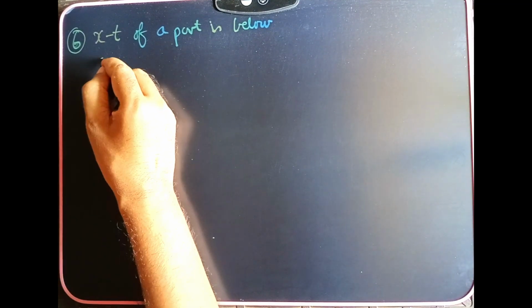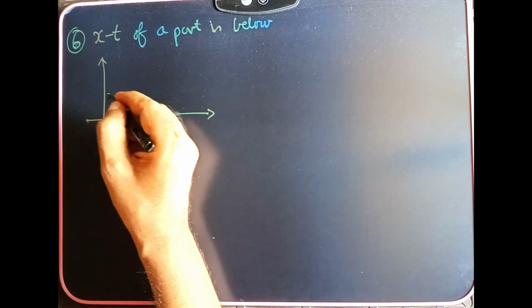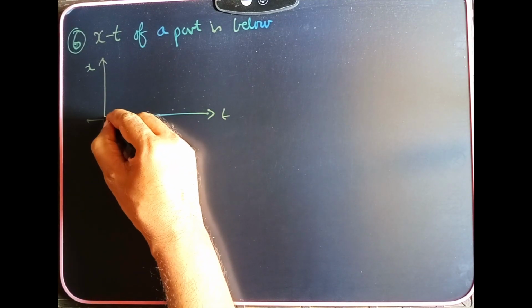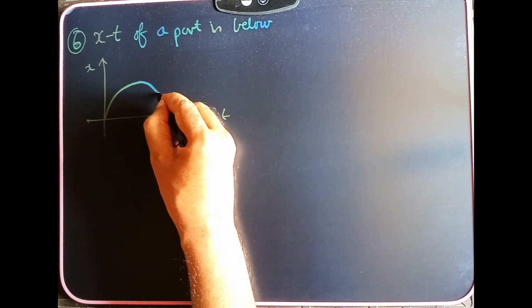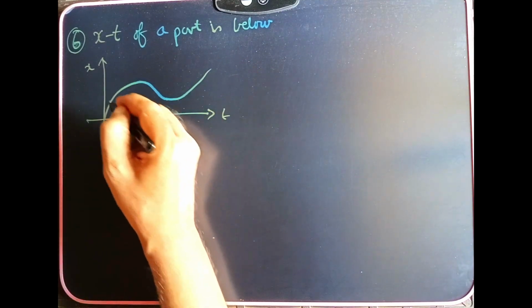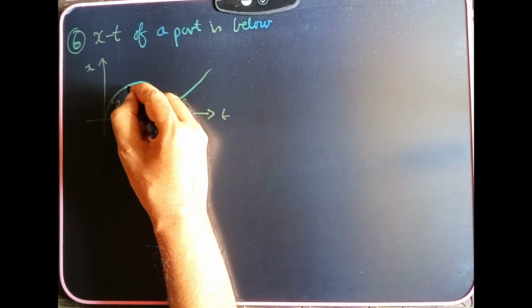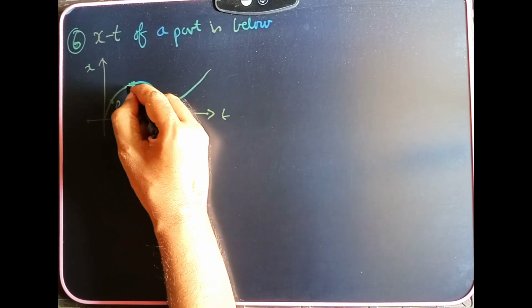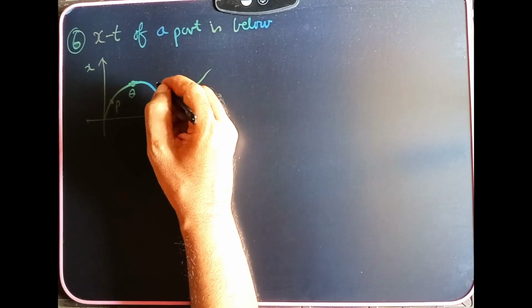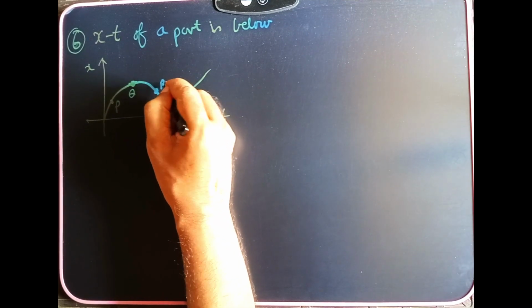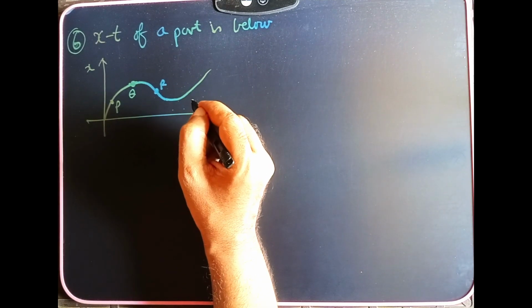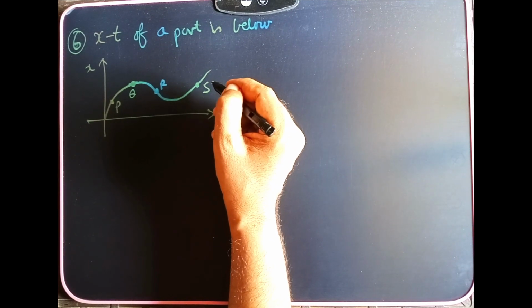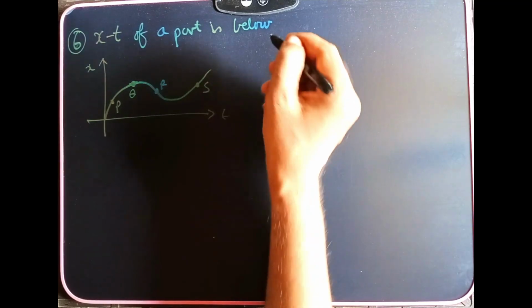Displacement versus time, and it's moving. So this is P, Q (the topmost portion is Q), R, and this is S.